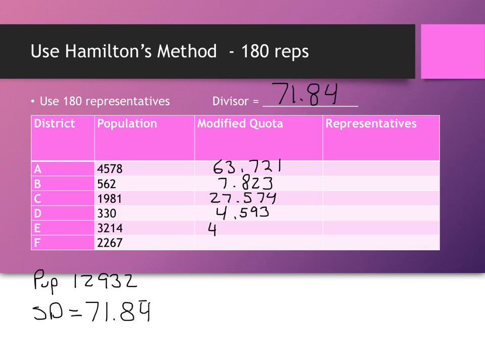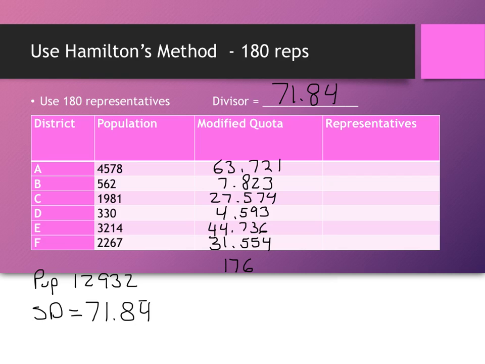Now, if we take the lower quota, 63, 7, 27, 4, 44, and 31, and add all those up, you get 176.